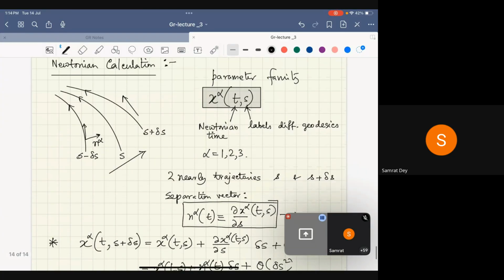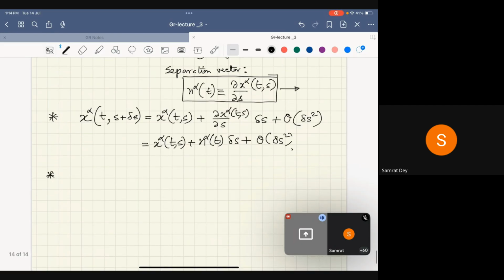That means as I move along these trajectories or fall, how fast are these trajectories closing in on each other, or how fast are they diverging away from each other? So I need to look at this vector's acceleration, that is, calculate d^2 n^alpha over dt^2.